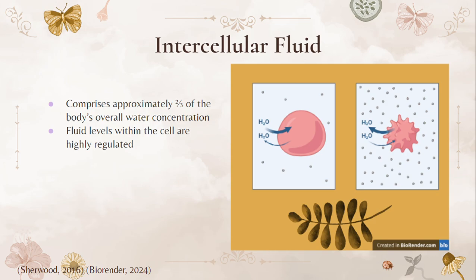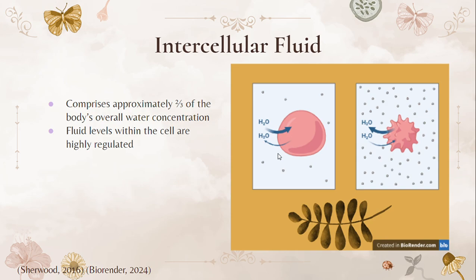When we put that shell-less egg in a beaker of water, we have a distinct difference in concentration levels. That beaker of water is going to have way less solutes than our egg, and so more water moves into the cell than is moving out.